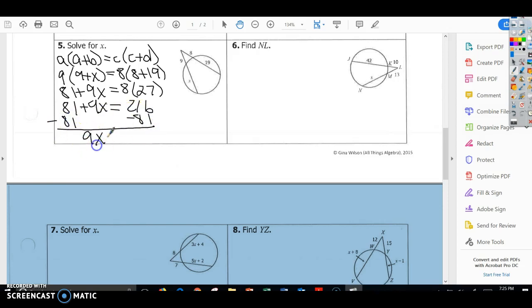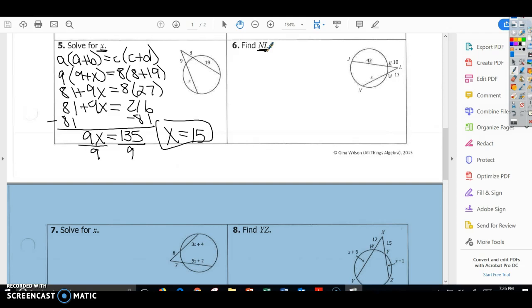So I'm going to have 9x is equal to 135, divided by 9. 135 divided by 9 is 15. This time it says solve for x, so that is our solution. All right, number 6 is similar. The only difference is we're solving for NL instead of just x.